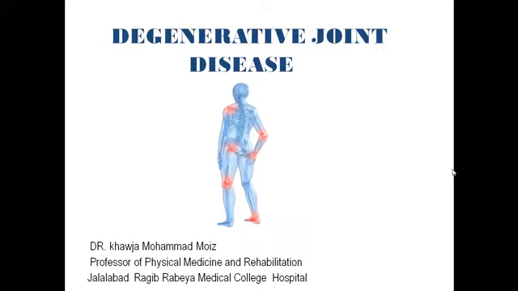So it's very important how to approach the diagnosis of joint diseases like rheumatoid arthritis, because these two diseases are very similar regarding clinical features. That's why I want to highlight here how you go about diagnosing the cases. So let's start with degenerative joint disease.